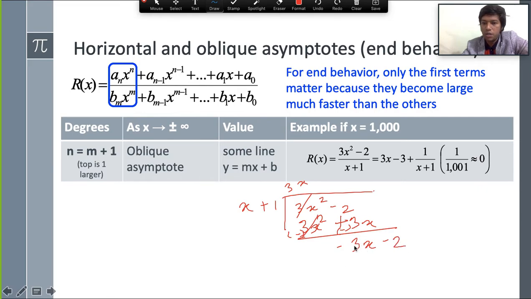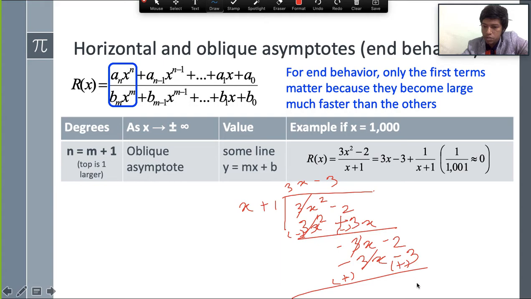What we need here: this is minus 3x, this is x, so we need a minus 3. Then it becomes minus 3x, then minus 3. Again, the sign will change when you subtract. This becomes plus, and this and this cancel out.